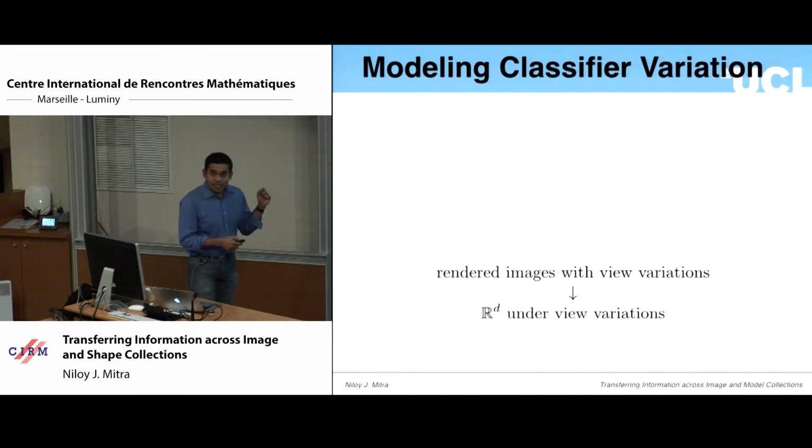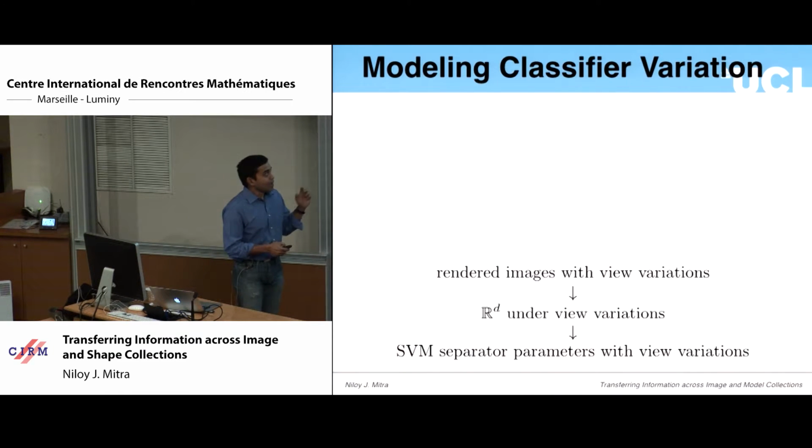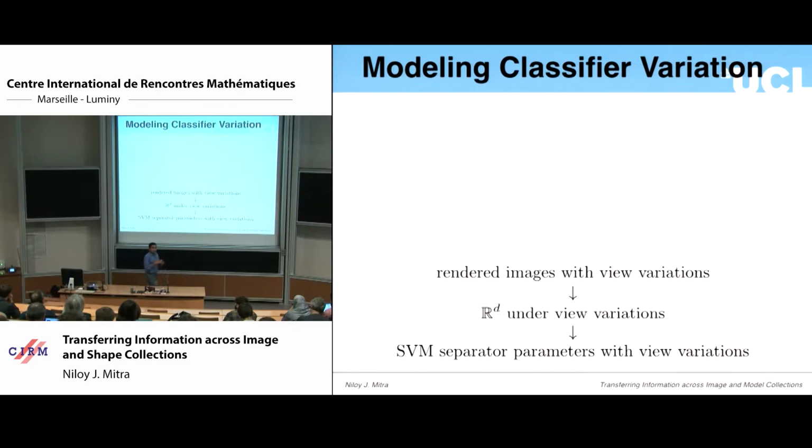Now, the final step, which is a key one, is we map this to how the SVM separator plane will be moving across the view. Okay, so let me explain that one more time. For a fixed view, you can train an SVM classifier using your positive and negative examples. And for those who are familiar with SVM, this amounts to determining the parameters for the hyperplane.